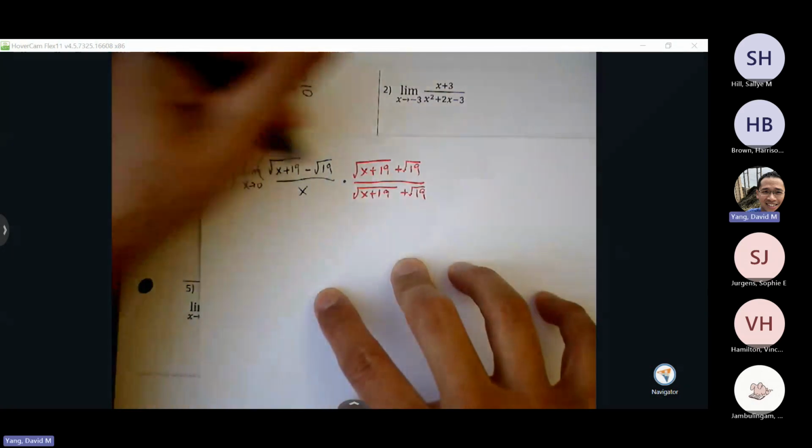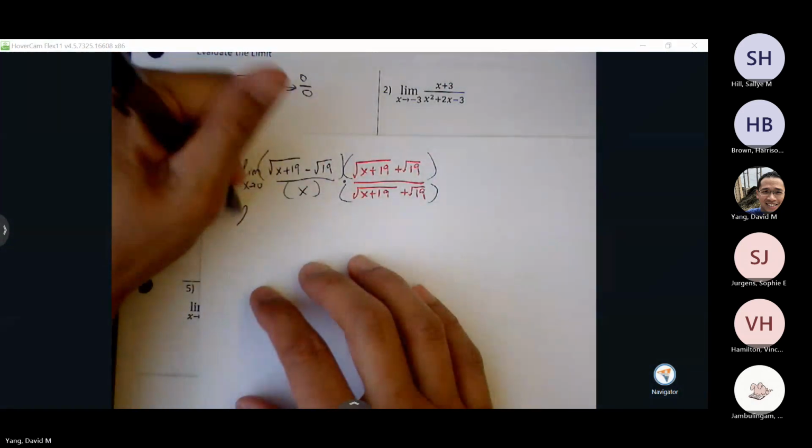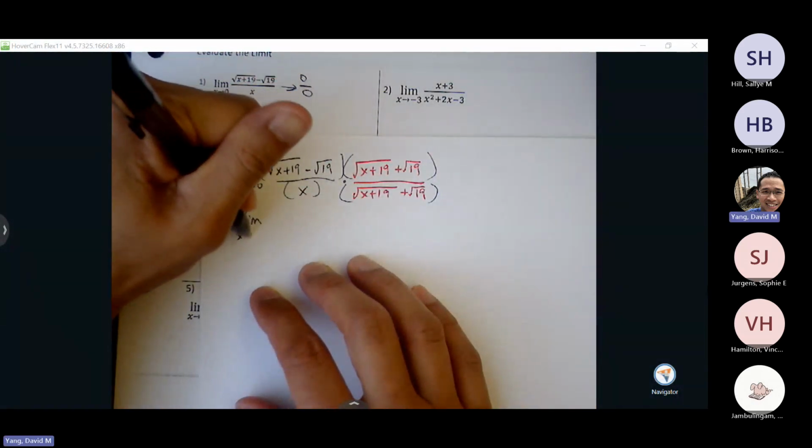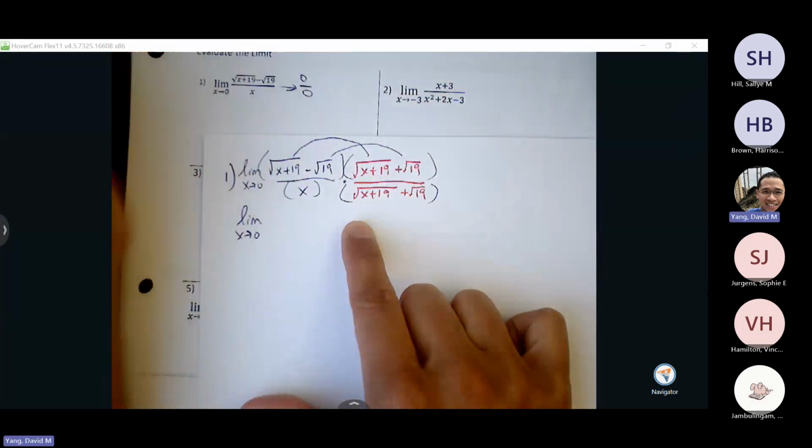Right, so we can expand the numerator, but leave the denominator alone. Keep writing your limit notation. We just have to worry about the first pair and last pair.